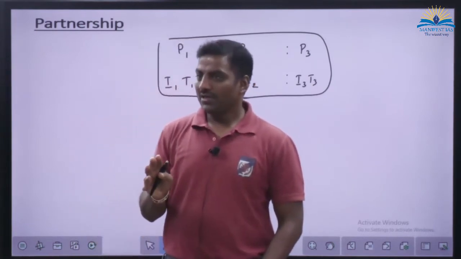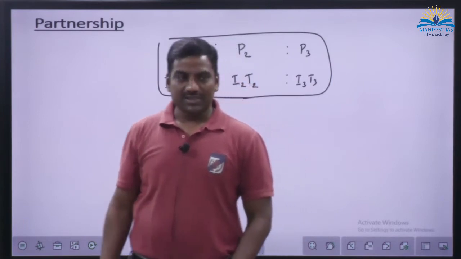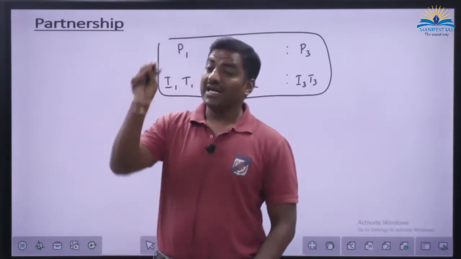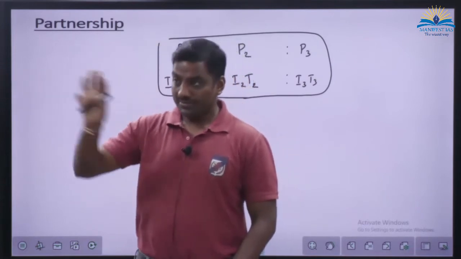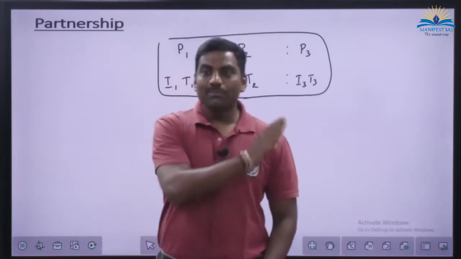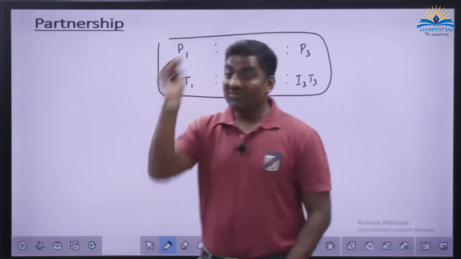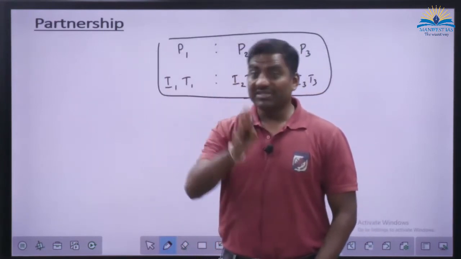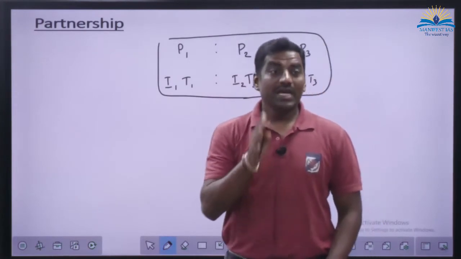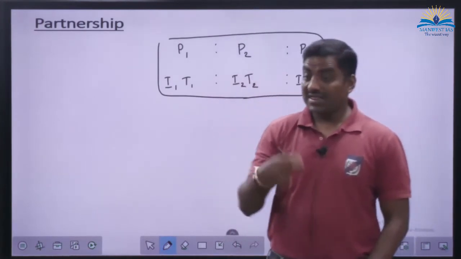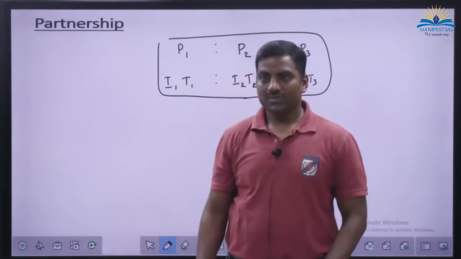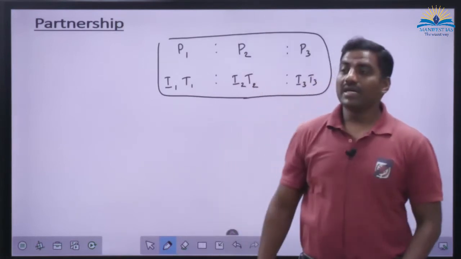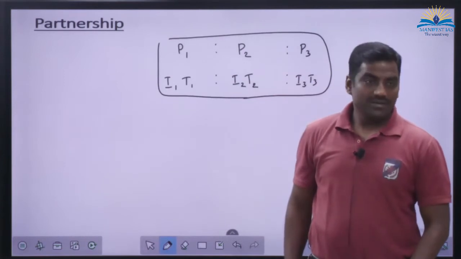Getting my point? There will be some partners who will only invest their money for a certain time period. There will be some partners who will invest their money for a certain time period and also invest themselves, their energy or their valuable time. So that is calculated separately.